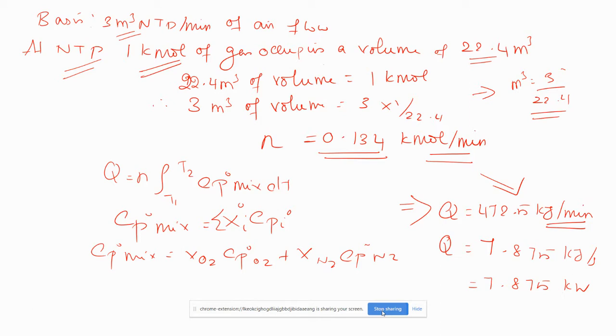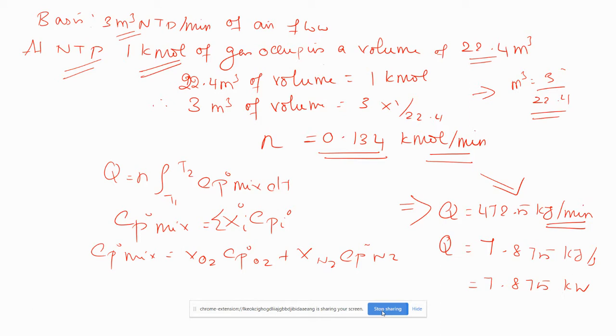So first you have to find Cp naught m1 of mix, then Cp naught m2 of mix, then the Cp naught Pm values. Finally you find Q. So you understand the difference between the previous problem and this problem.